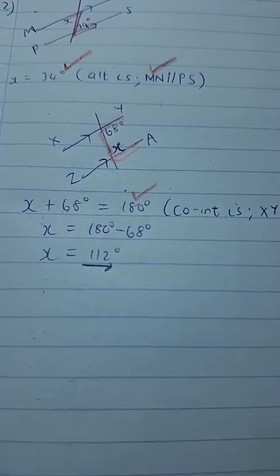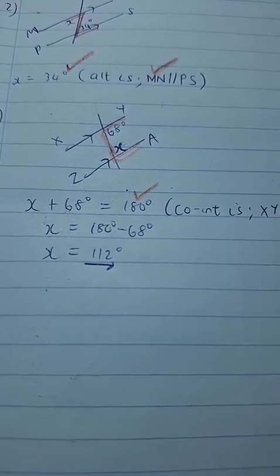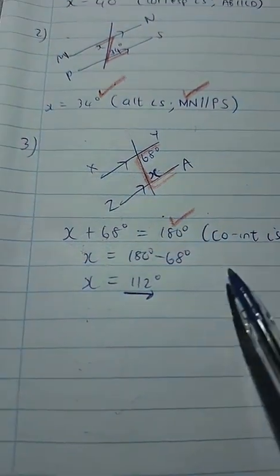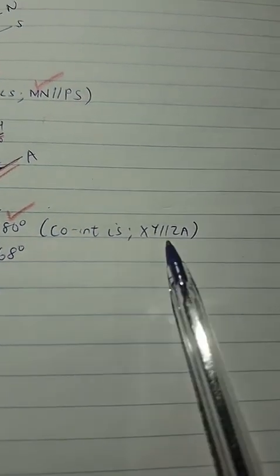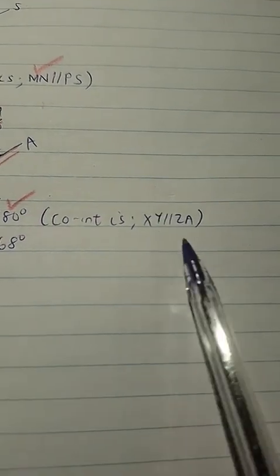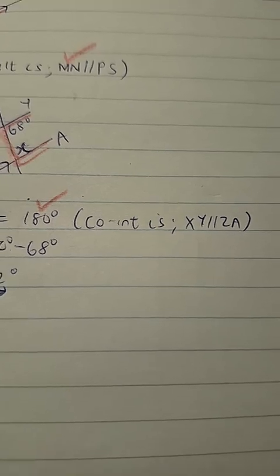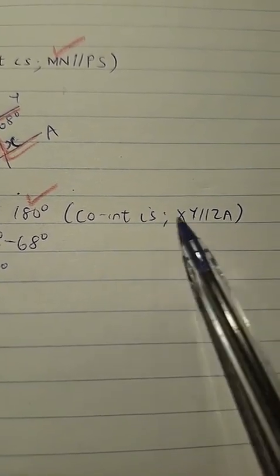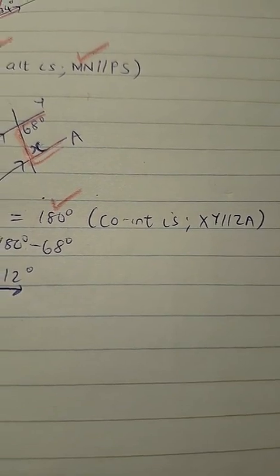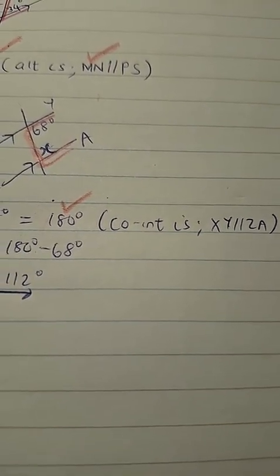IT, you said 112 co-int angles. And the only problem I would have with your response is that you did not include the parallel lines when you responded. You said co-int angles, and that's not sufficient as a reason to support what you've said. We have to state parallel lines.